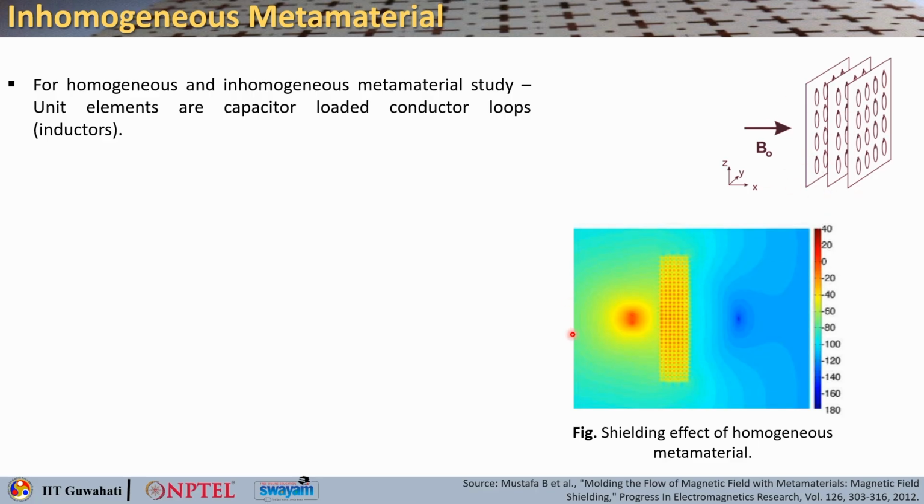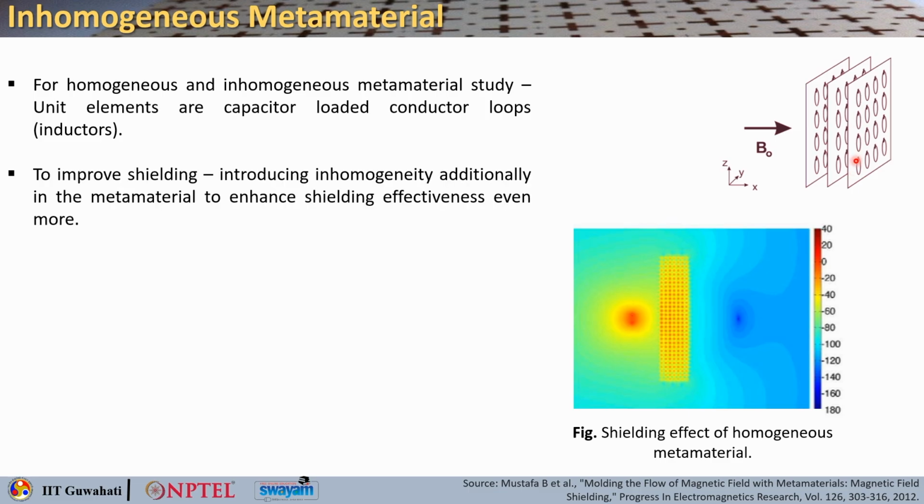The magnetic field source in this case is a current loop with a radius of 8 centimeter, and the unit elements of the metamaterial are also current loops having radii of 0.8 centimeter, and the distance between the elements is maintained at 7 centimeter.